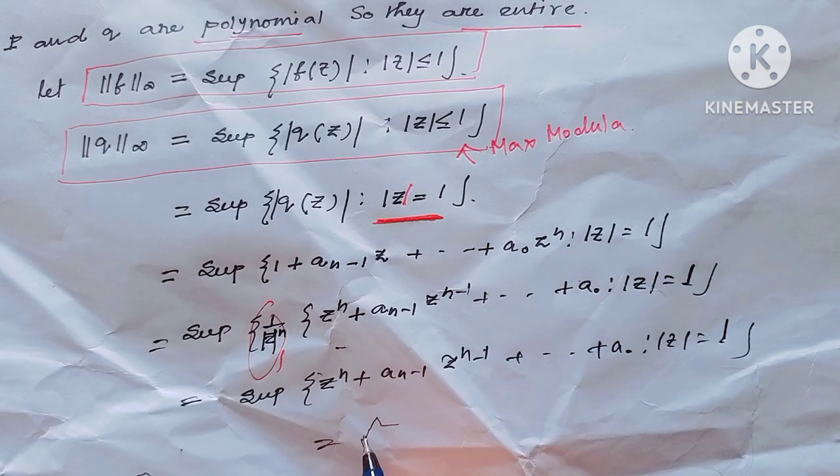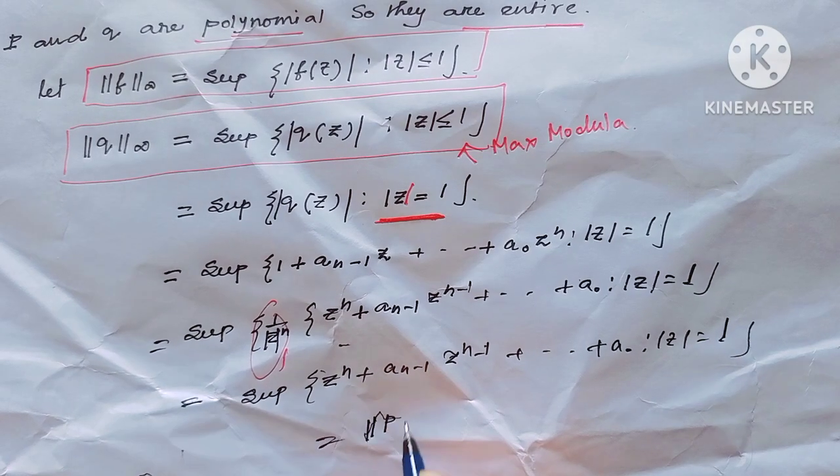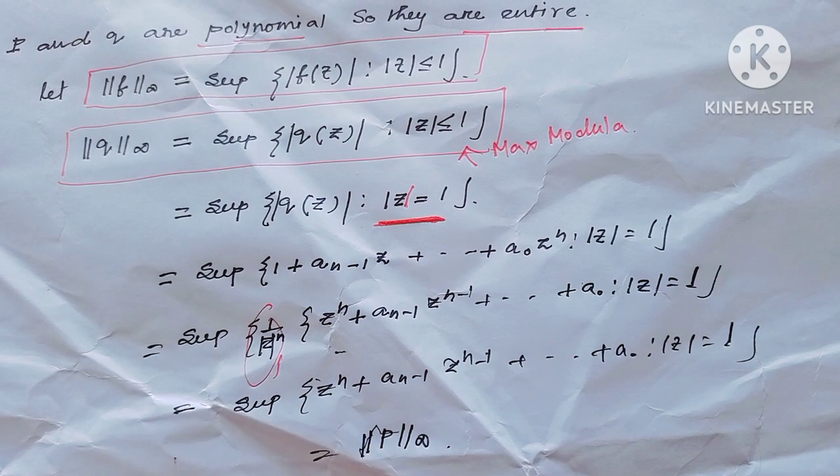And this is actually the polynomial P infinity norm.